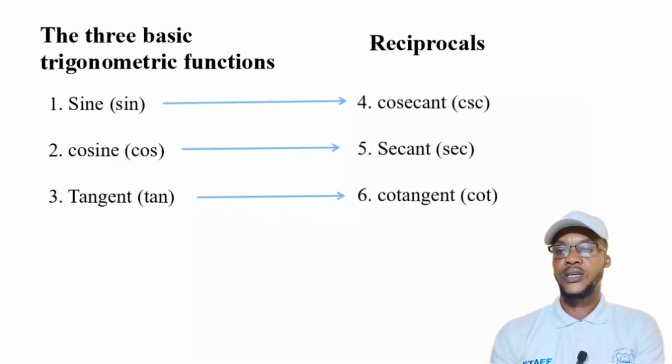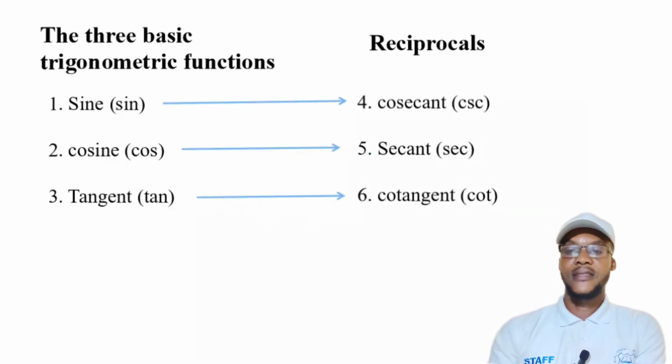In short, we say cosec. Yes, and then if you take cosine, its reciprocal is secant, and we shorten it as sec. And then we also talk about tangent, which has its reciprocal as cotangent, also called cot. So in all we have six trigonometric functions.